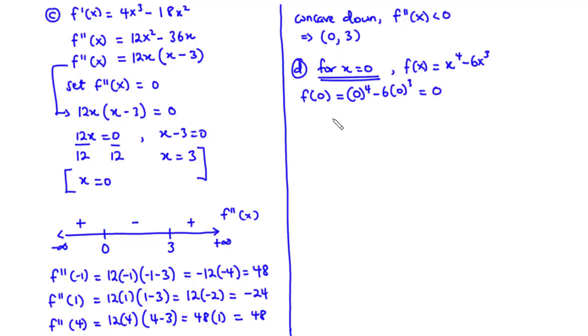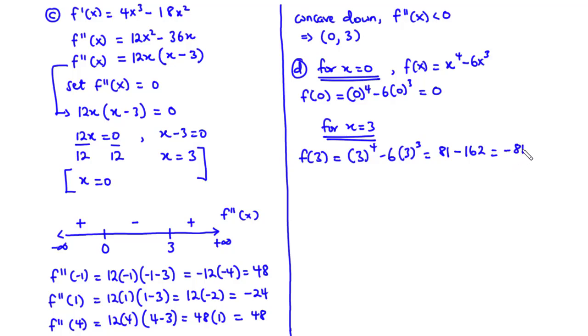And then for x equals 3, we have f of 3 equals 3 to the power 4 minus 6 times 3 to the power 3. Now 3 to the power 4 is 81. 3 to the power 3 is 27 times 6 is 162. 81 minus 162 is negative 81.